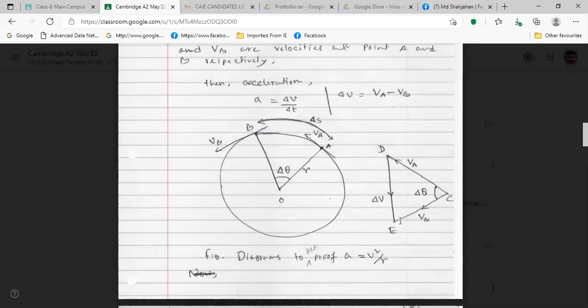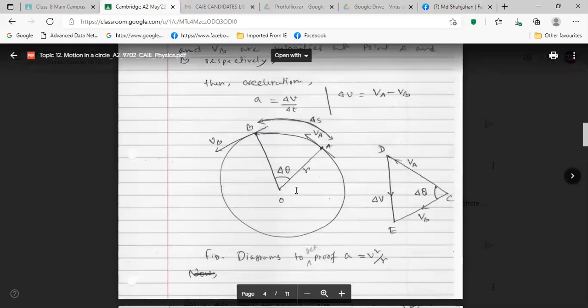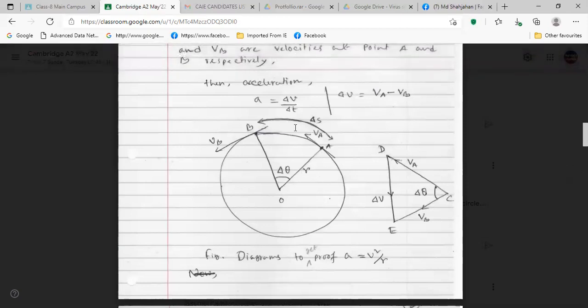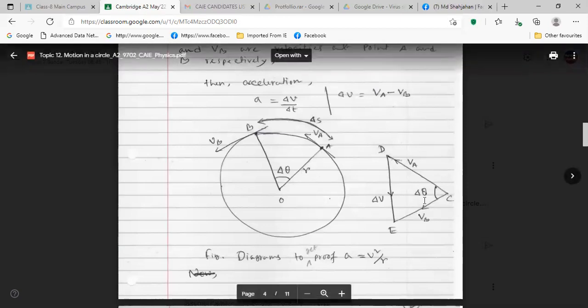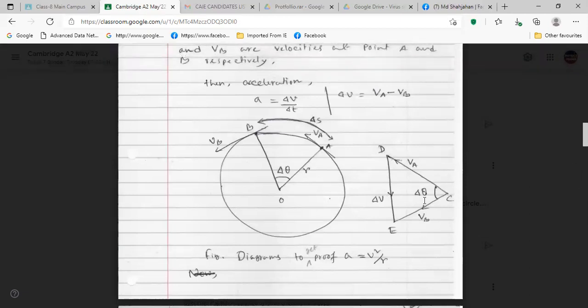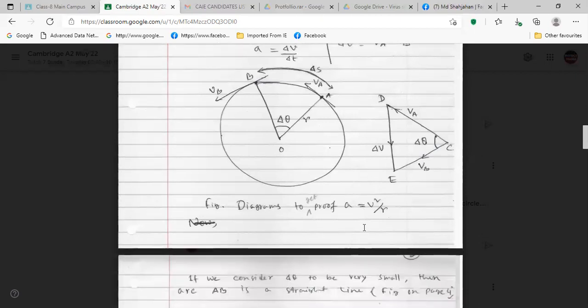The angle we get between VA and VB is del theta. So this gives us triangle CDE.